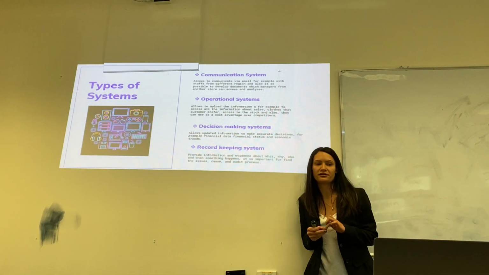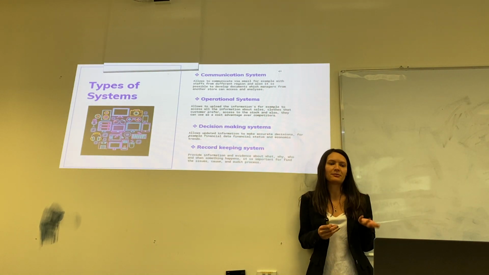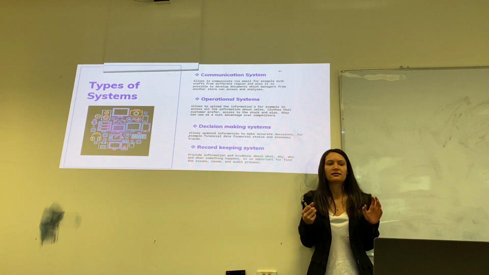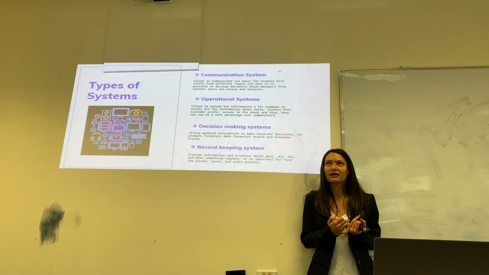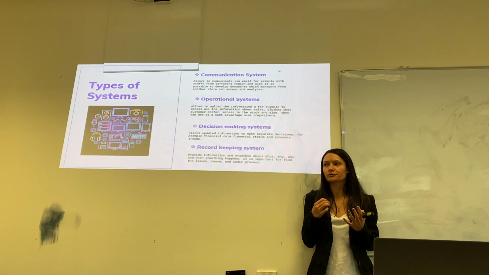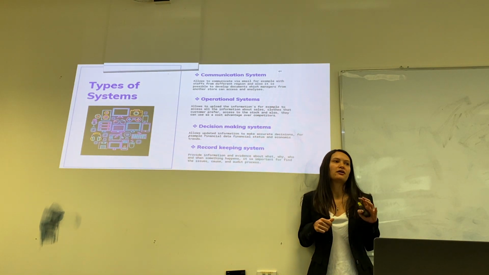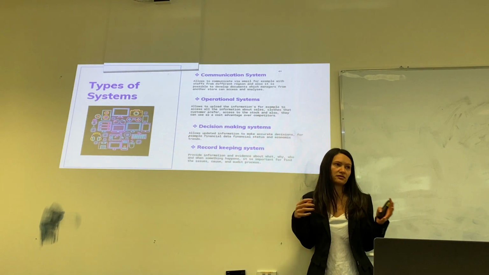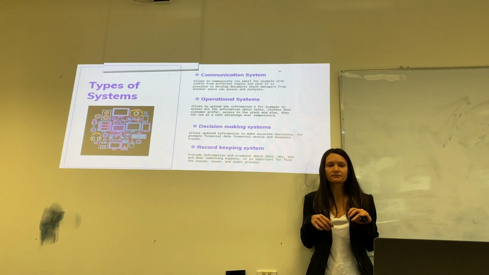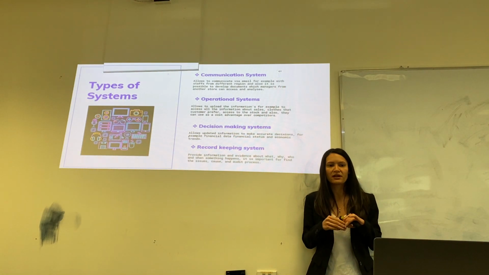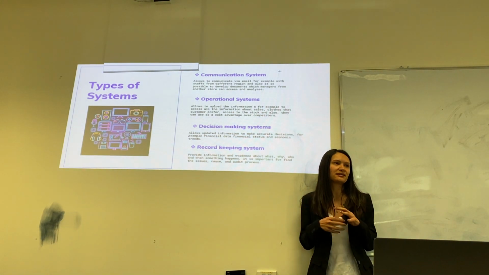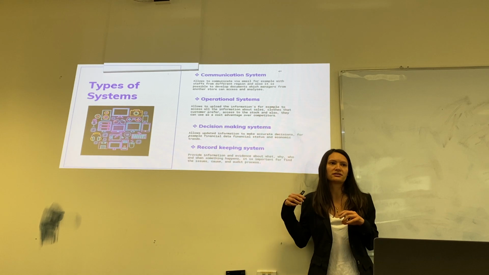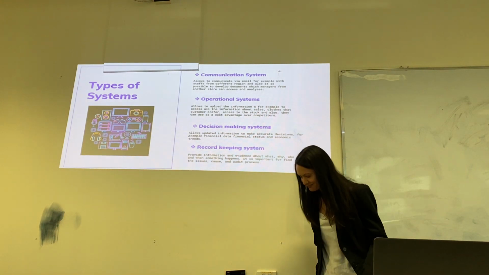And there are four different types of systems. The first one is the communication system, which allows them to send emails or contact other stores through the system. The operational system allows them to upload information and access information from other stores, like sales revenues.